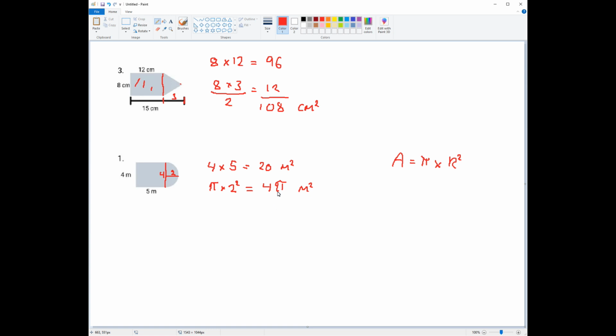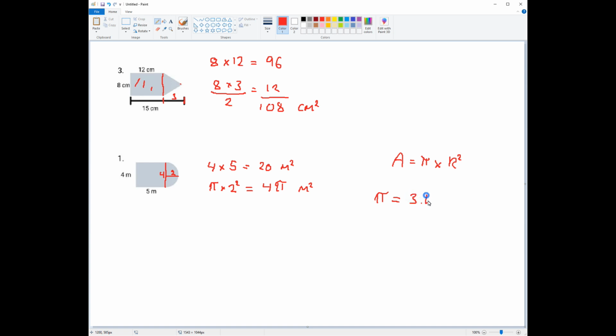So obviously pi has a value, and depending on who you ask, how you learn to do math, there are different ways of doing this. If you have a calculator, the best thing you can do is press the button where it says pi, and it will add in a very, very precise number for pi. But I don't have that here.